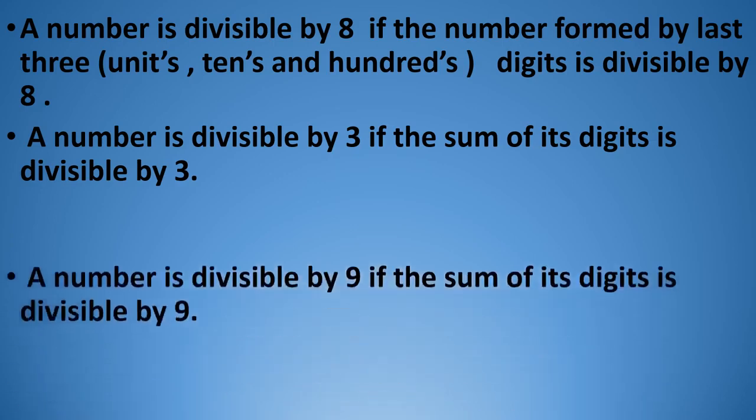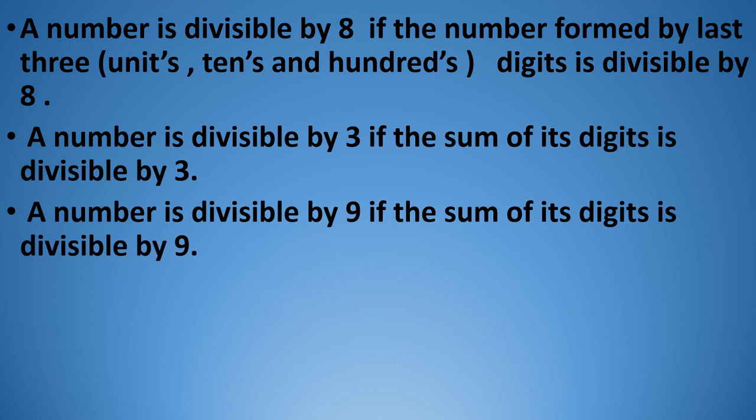A number is divisible by 9 if the sum of its digits is divisible by 9. Similar to 3 only. In 3, the sum of all the digits must be divisible by 3, and in 9, the sum of all the digits must be divisible by 9.